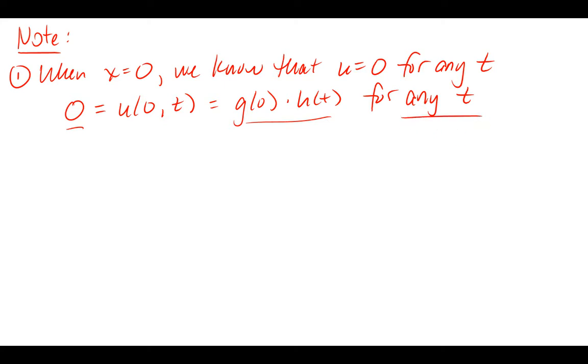Well, how could that happen? Well, either h of t could be 0 for all time t, and I'll let you fill in why that's crazy.